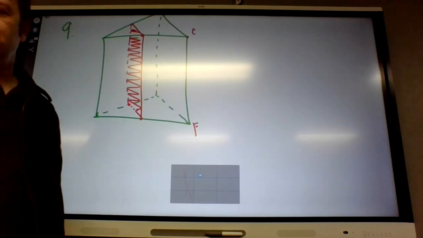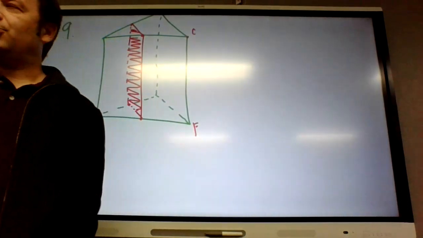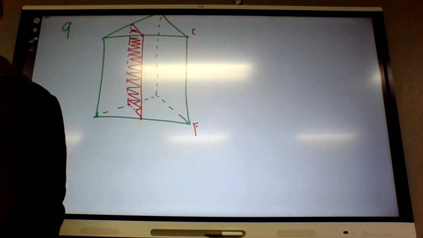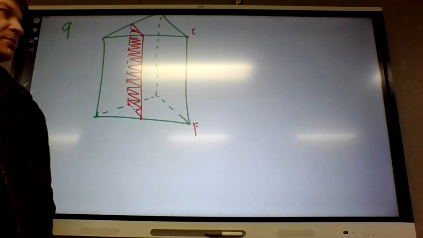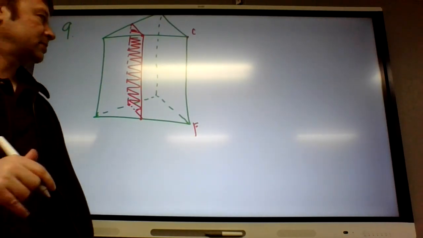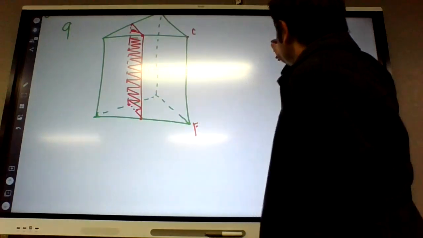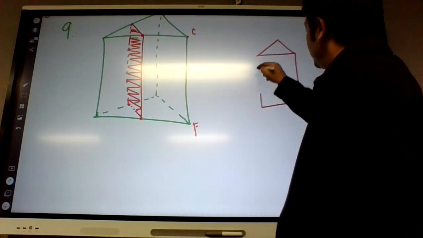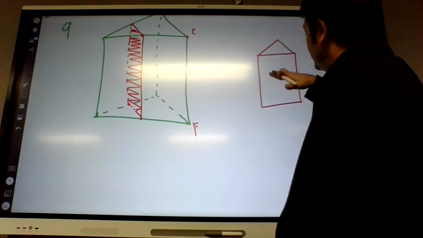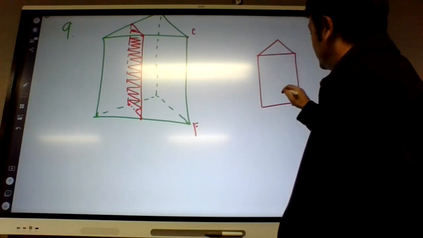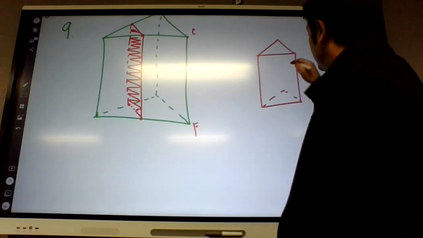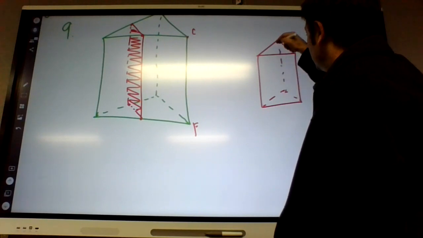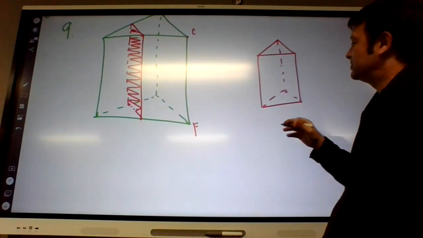Okay, number 8 says a horizontal plane, so you have to redraw the picture. But what would a horizontal plane look like on this? The other way. Are we going on the top? Well, the top is a horizontal plane, but we need a horizontal plane going through it. So what would that look like? Ideas?